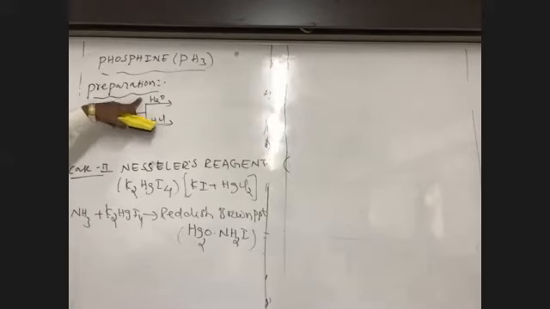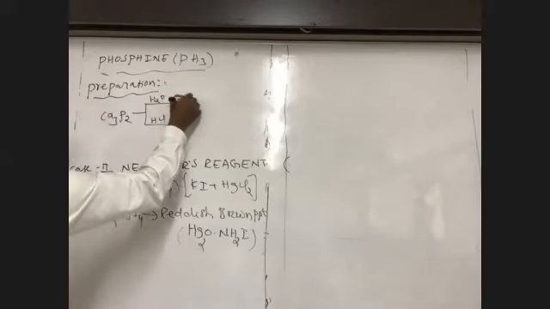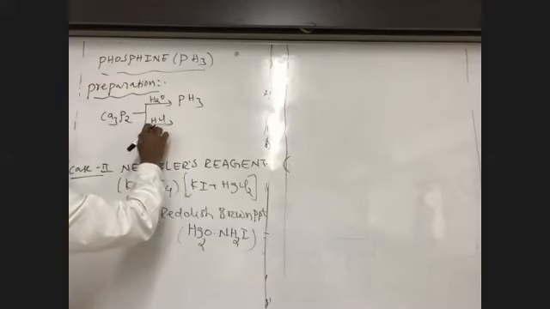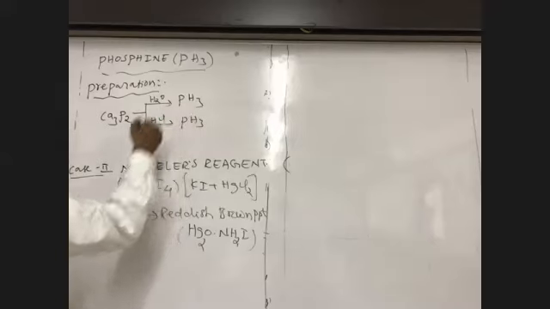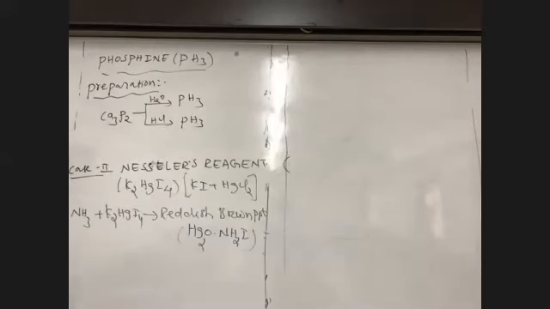Calcium phosphide reacts with water and produces PH3, phosphine. Calcium phosphide also reacts with a dilute acid like HCl and produces phosphine, PH3. This is one method.